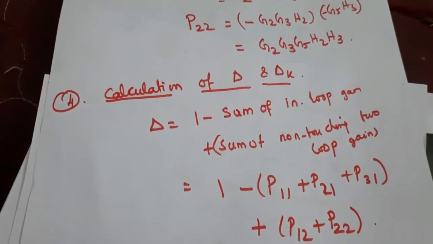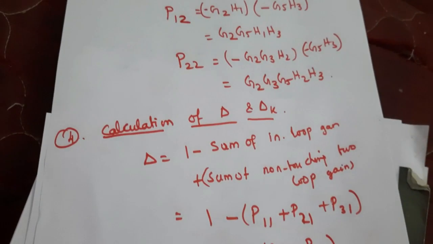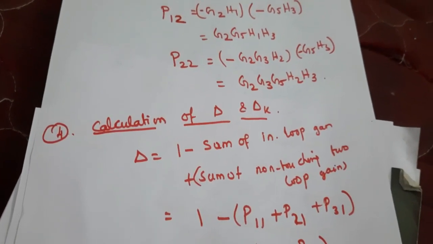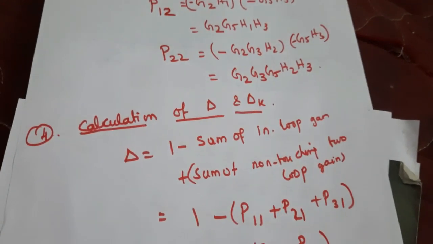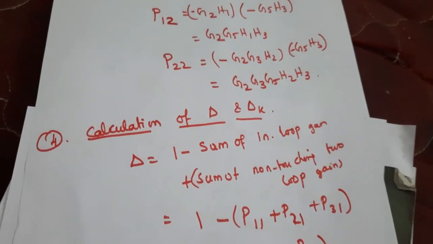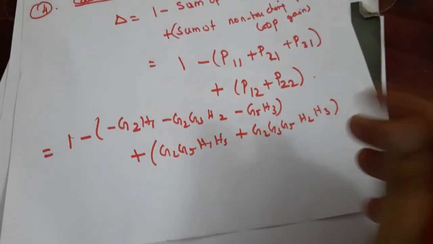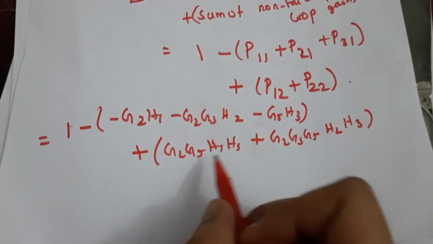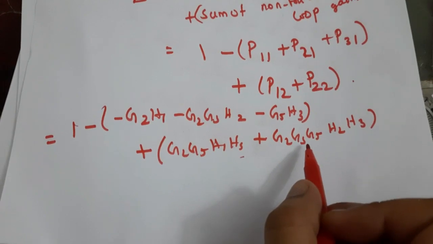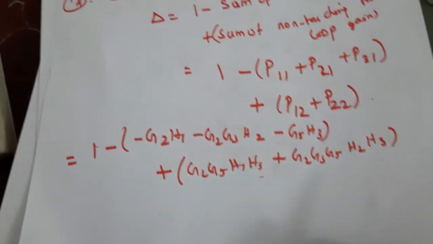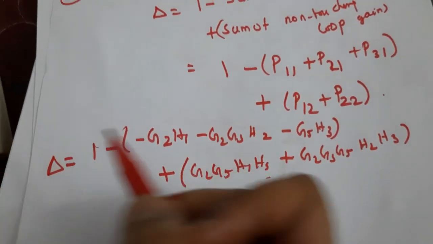So we will get G2 G5 H1 H3 plus G2 G3 G5 H2 H3, and this is known as del.